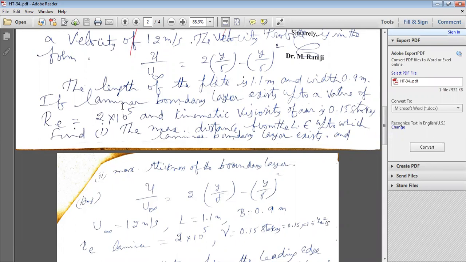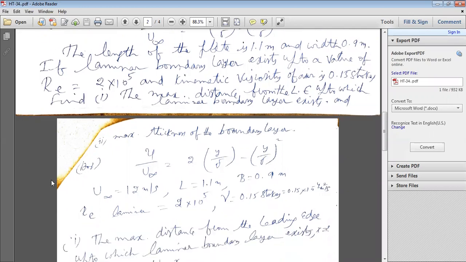That's why earlier we have taken 5 into 10 power 5. That is just according to theory and from the standard experiments, the boundary layer exists up to 5 into 10 power 5. But in this problem it is mentioned that laminar boundary layer exists up to only 2 into 10 power 5. That's why here you have to take the critical Reynolds number as 2 into 10 power 5. And kinematic viscosity of the air, 0.15 Stokes.